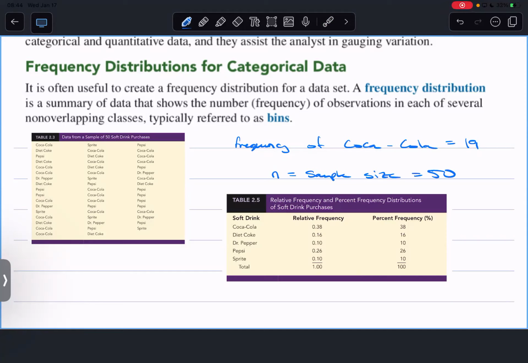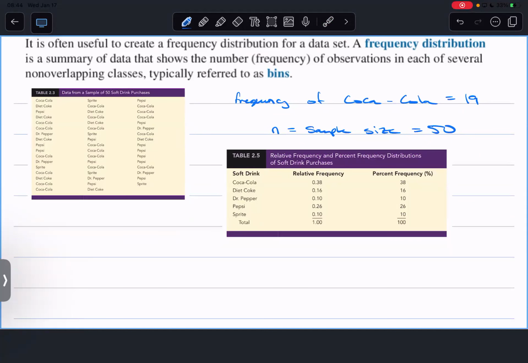19 out of 50, I'm going to go ahead and say is 38%. Coca-Cola, 19 out of 50, is 0.38. Nice.